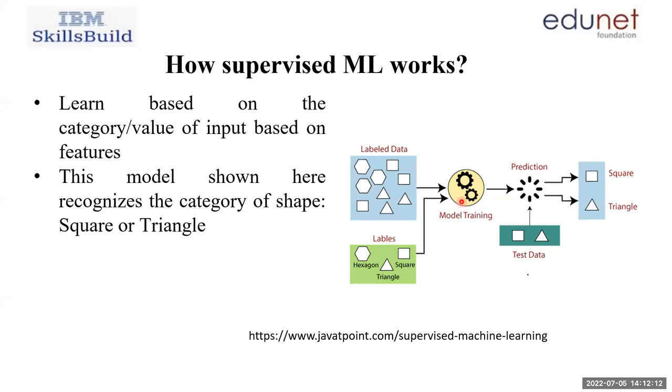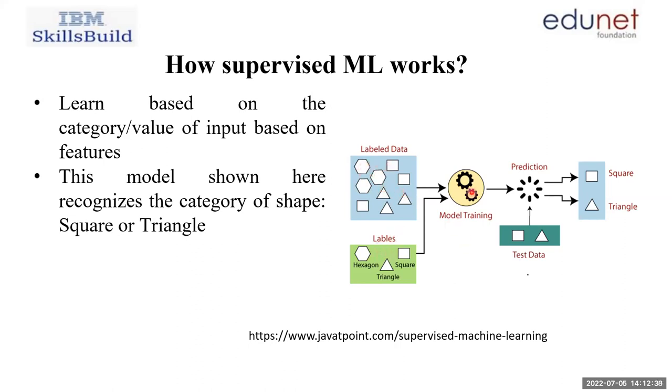At this stage, we develop a model using machine learning algorithms. For that, we not only need the algorithm, we have to use a set of data. We use labeled data for model training. This is the concept of a data set here. It consists of different images having different shapes, for example hexagon, square, and triangle.